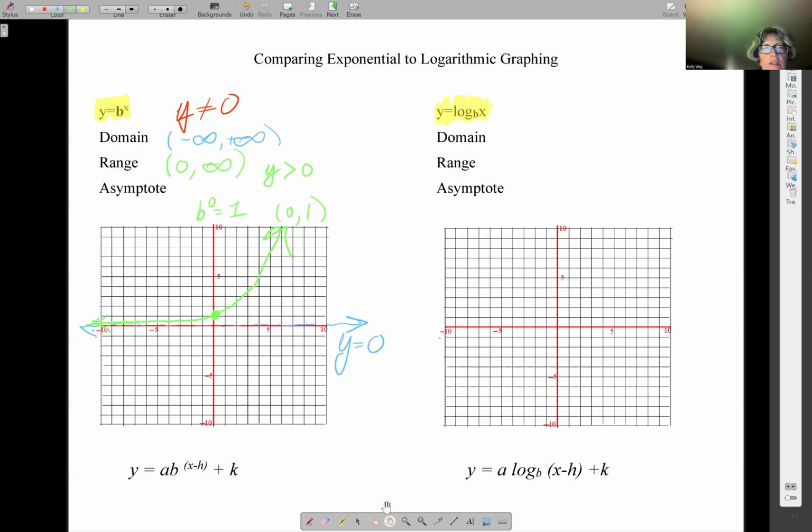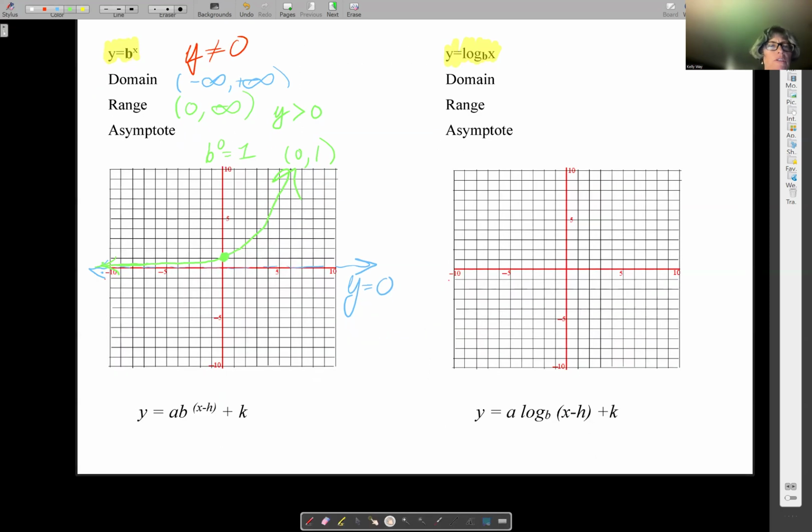And then your transformations in this particular situation is, if the a value right before the parent function is negative, it is going to flip over the x-axis.